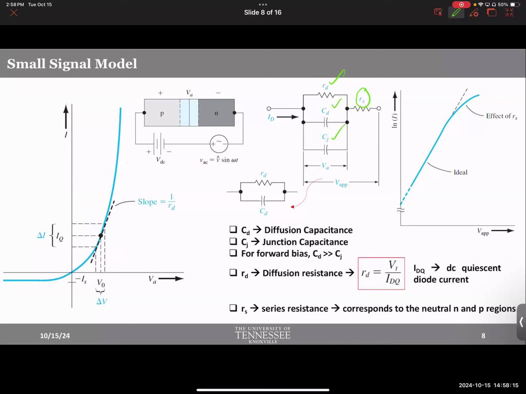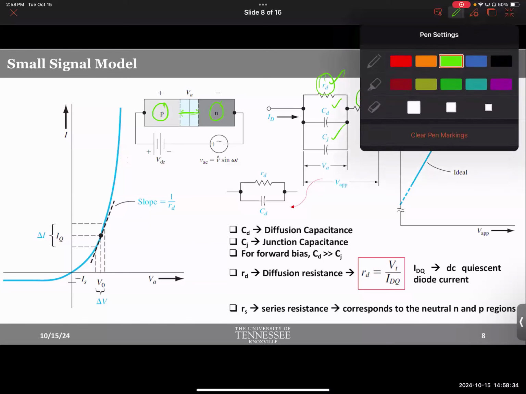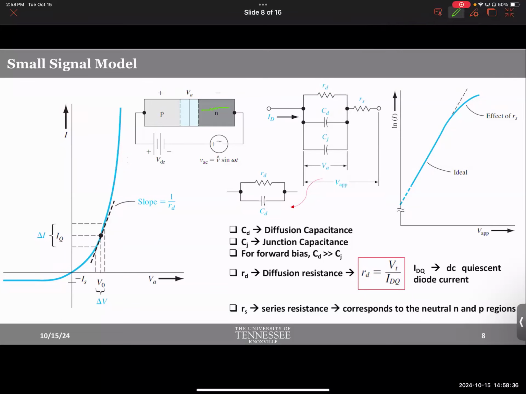So imagine when you talk about this RD, which is the diffusion resistance, which is within this section, we are assuming that these extra N and P regions are kind of ideal. They are not adding any resistance, but that's not true. There will be some resistance, no matter how small, in the neutral N and P regions as well. So we sum them up into one series resistance. Sorry, not this one.